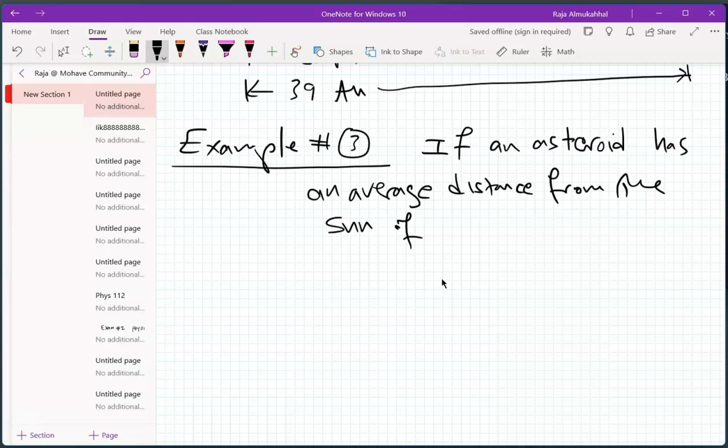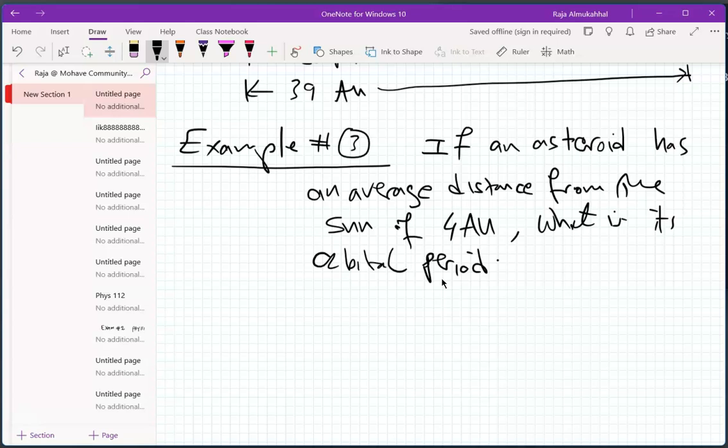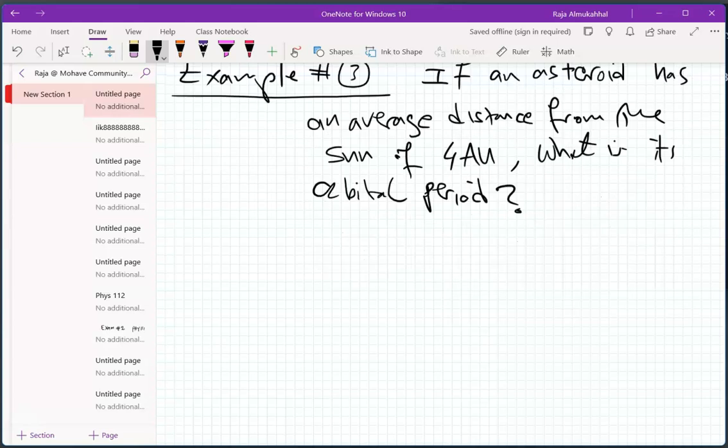Oh, 4 AU, okay. What is its orbital period? Question mark. All right, simple problem, same thing.